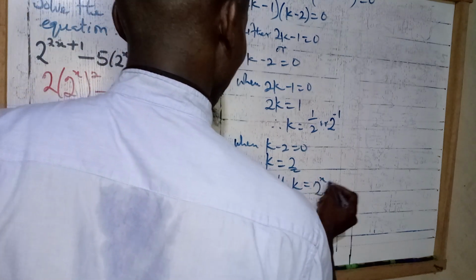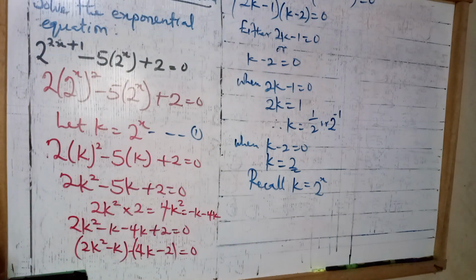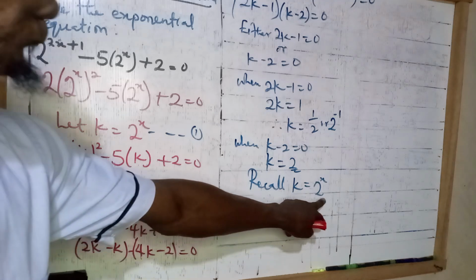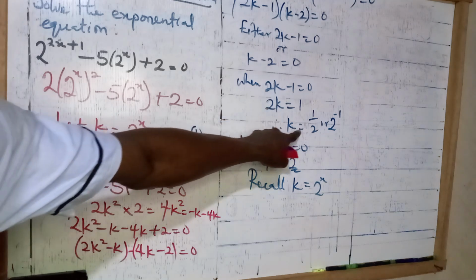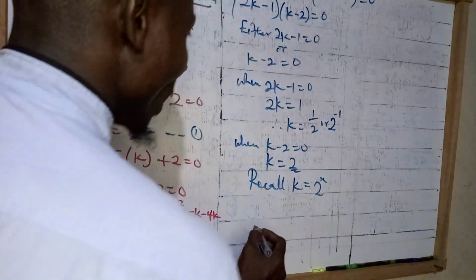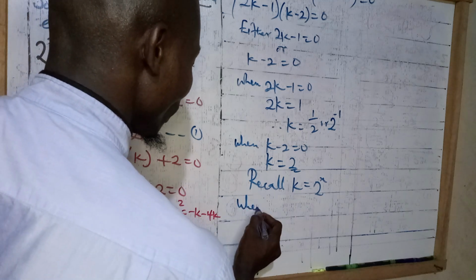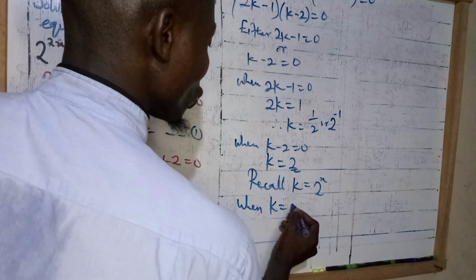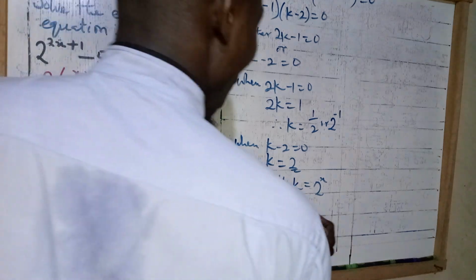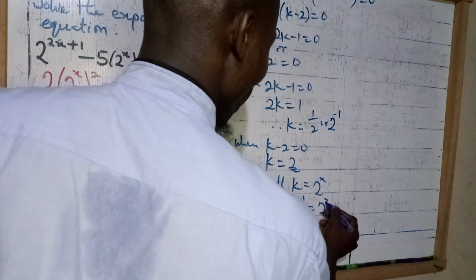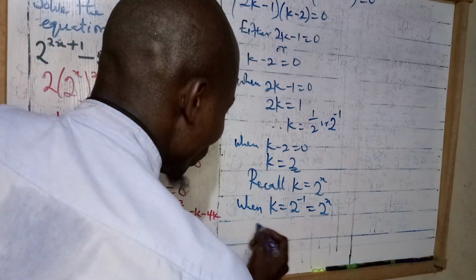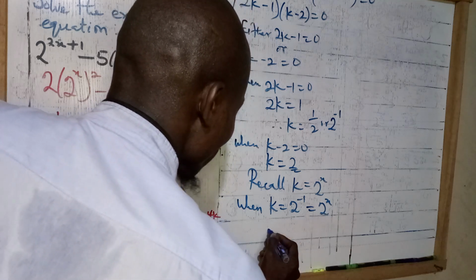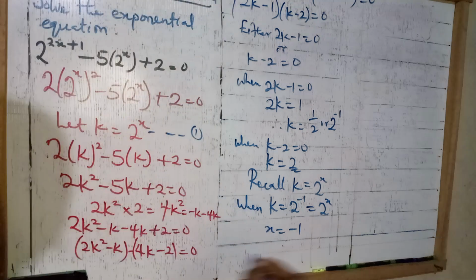We now substitute the value of k equals 2 raised to the power minus 1 here. So when k equals 2 raised to the power minus 1, and this k is also the same thing as 2 raised to the power x, we just look for a means to find x. And how do we find x? When you equate the bases here, you have that x equals minus 1.